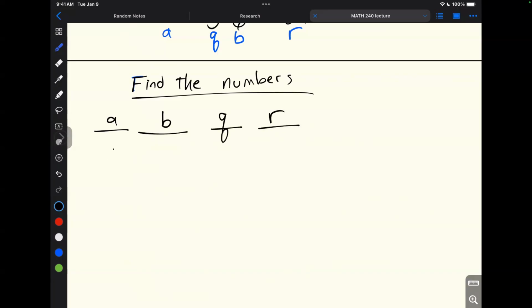So we saw that for A is 20, B is 6, Q is 3, and R is 2. What about negative 20 and 6? Turn to your neighbor, try and figure it out.